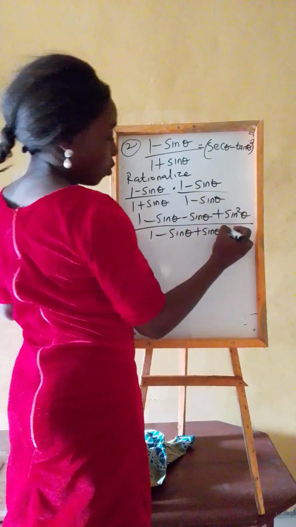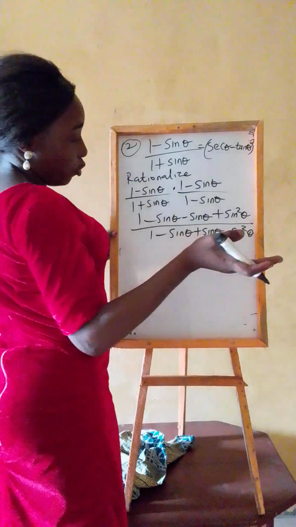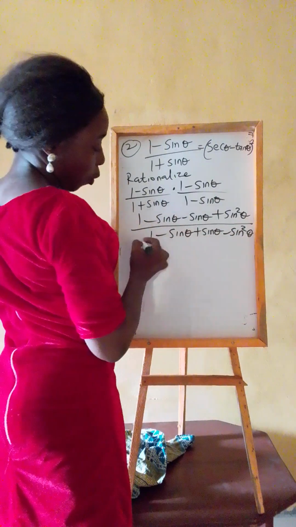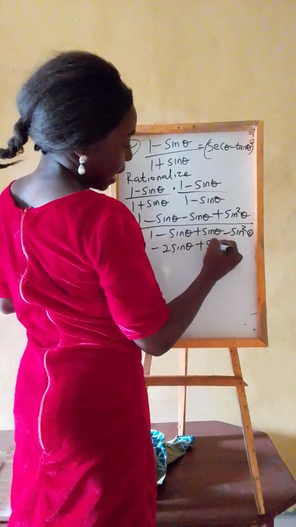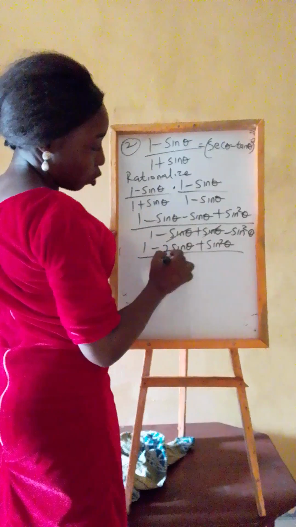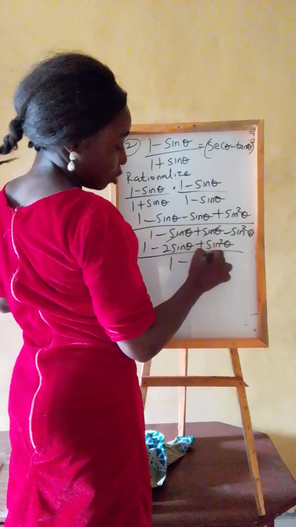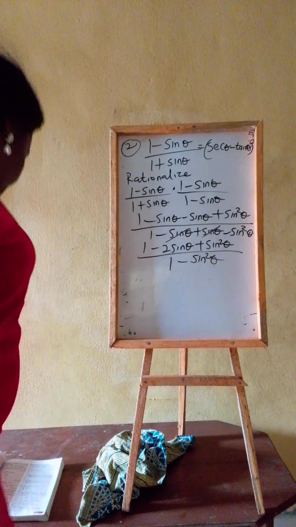This times this, minus sin square theta. So what do we do next? We have 1 minus 2 sin theta plus sin square theta over, which has cancelled this, 1 minus sin square theta.